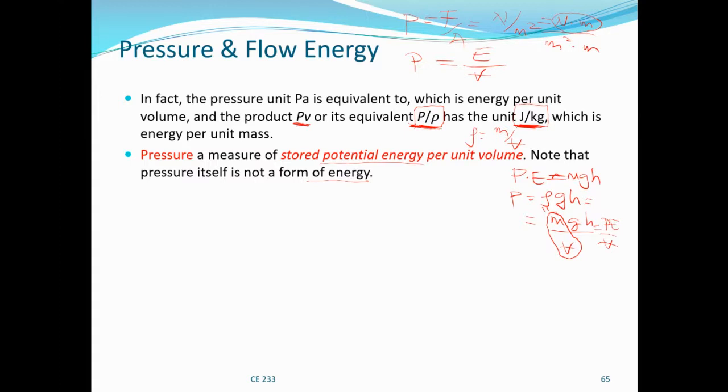So any object at a distance h above the Earth's surface possesses potential energy due to that height, and the energy is in the form of mgh.